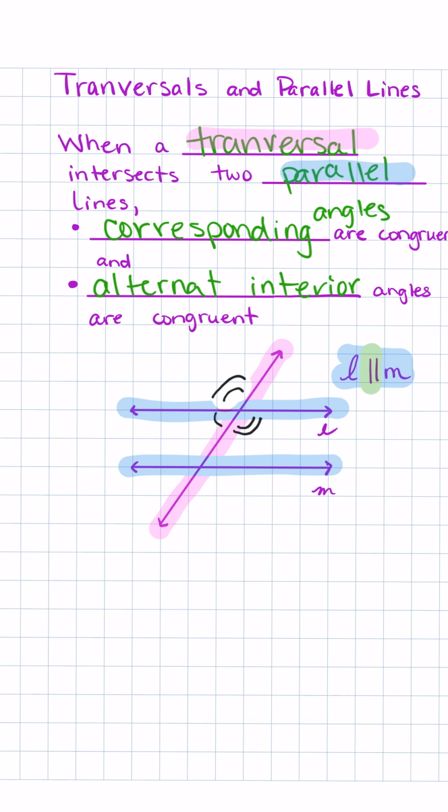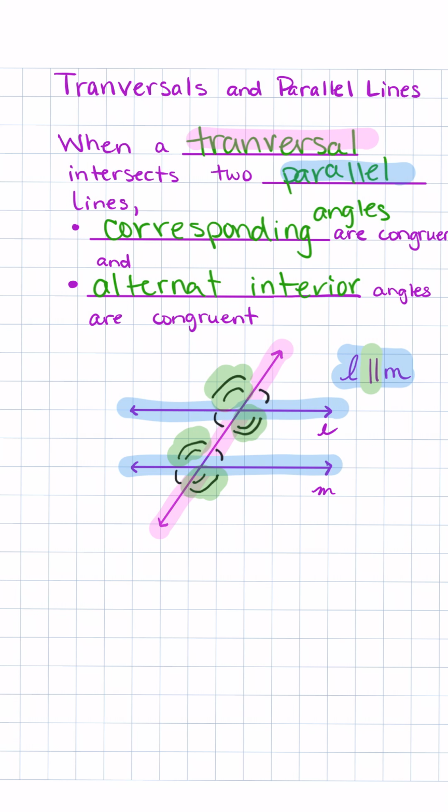And this angle is the same as this angle, and this angle is the same as this angle, and these two. So we have four angles that are all the same.